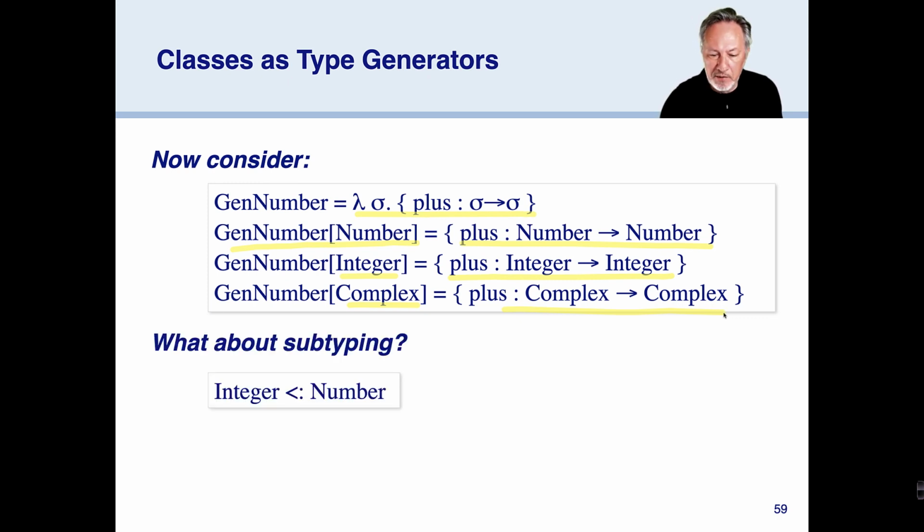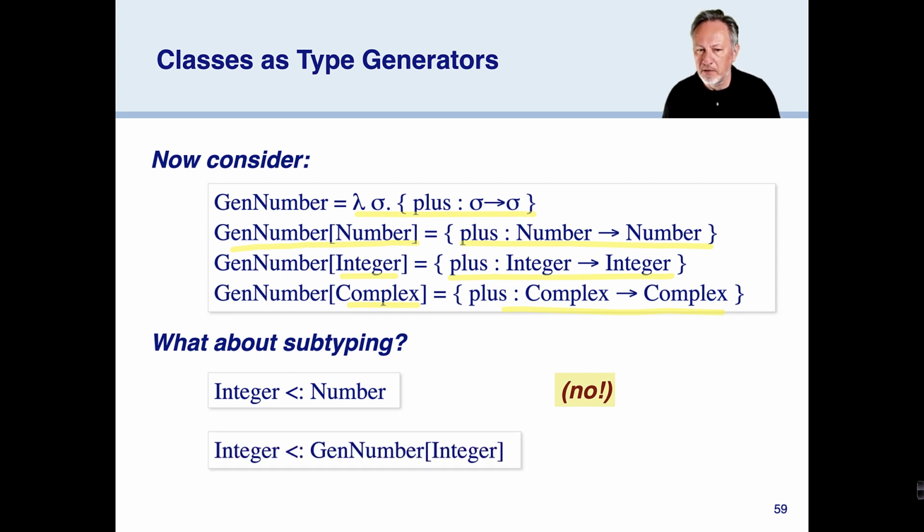So what about subtyping now? Integer is not a subtype of number, because they're not plug compatible. But integer is a subtype of gen number of integer. So when we plug this in, the integer class that we get is definitely going to be compatible with this guy because they're the same arguments.